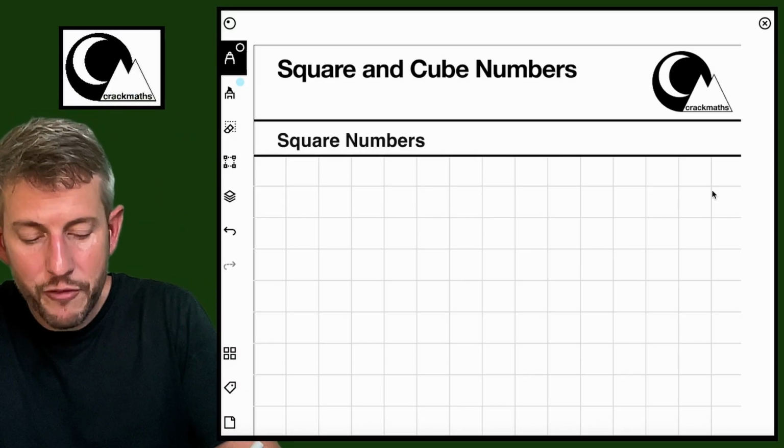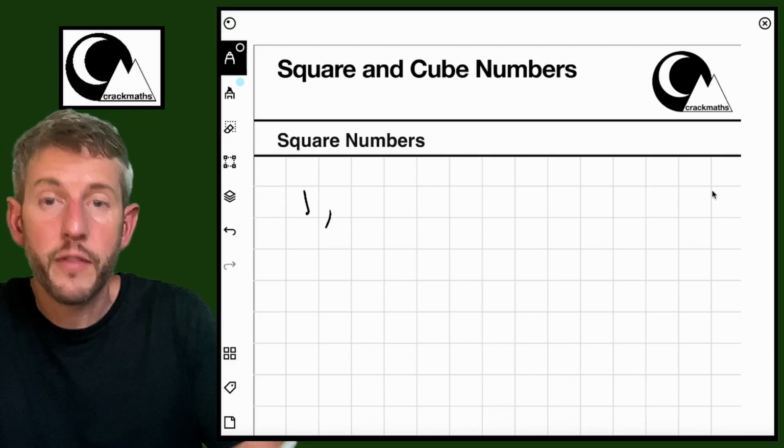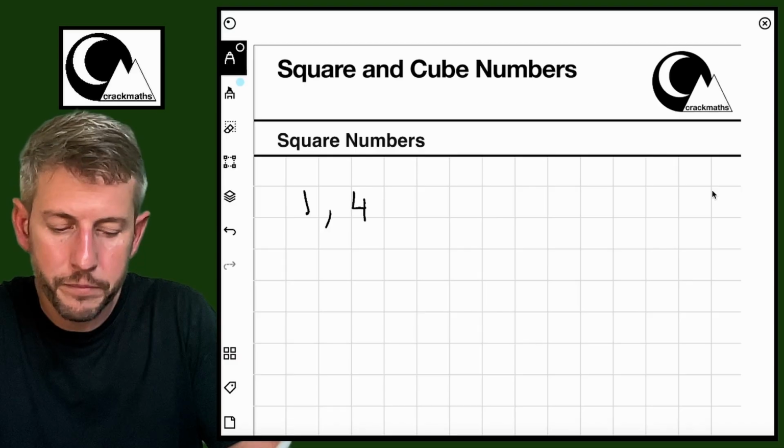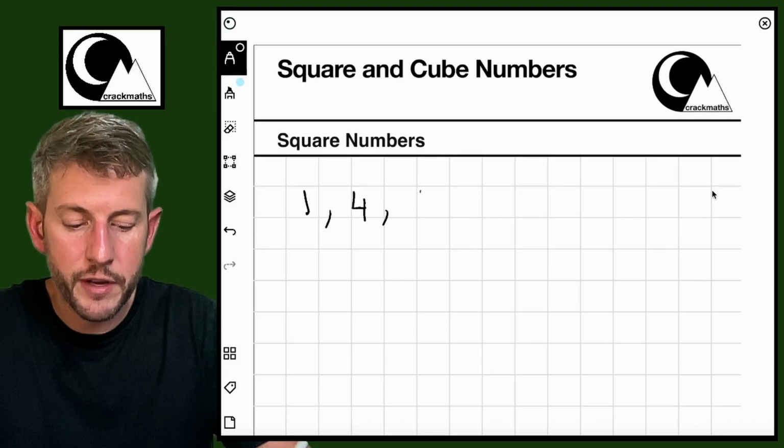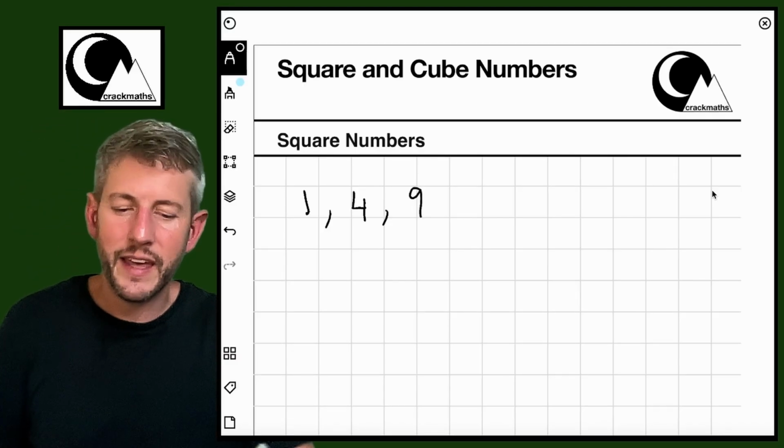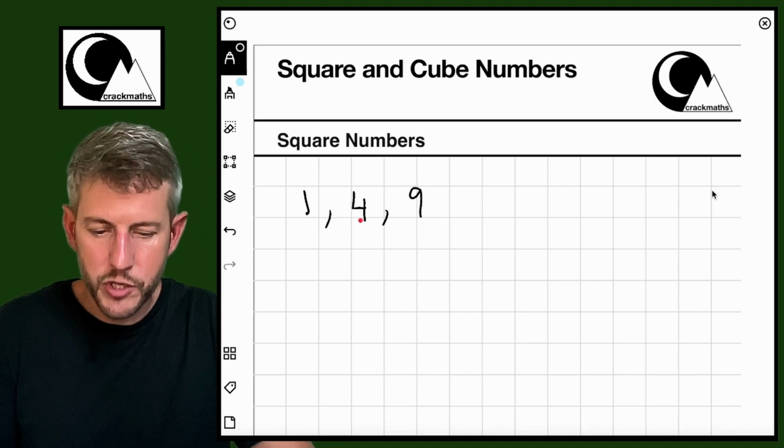So we have got 1, then we've got 4, then we have 9. Remember, 1 times 1, 2 times 2.